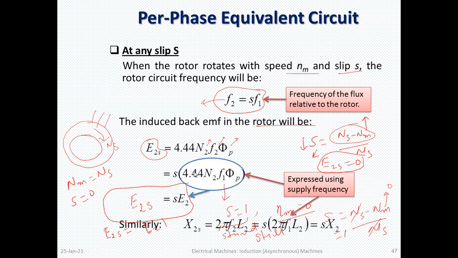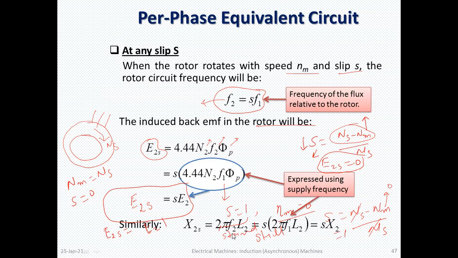Similarly, we can also find the value of reactance X2S of the rotor. X2 means rotor. X2S of the rotor is 2 pi F2 into L2, and F2 we can put here as S into F1. So this is S multiplied by X2. This is the reactance at the stator frequency F1, and that value is represented by X2.